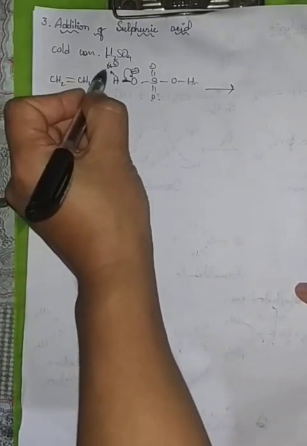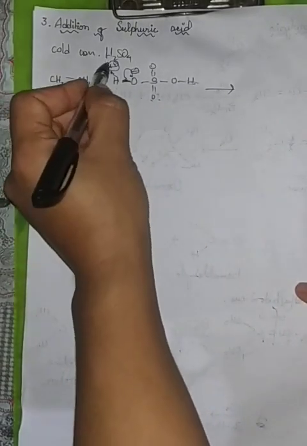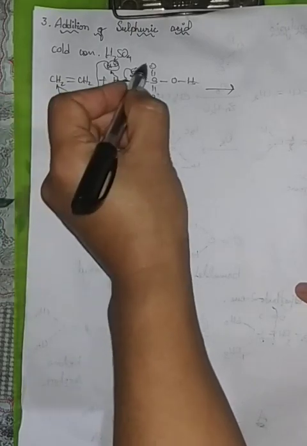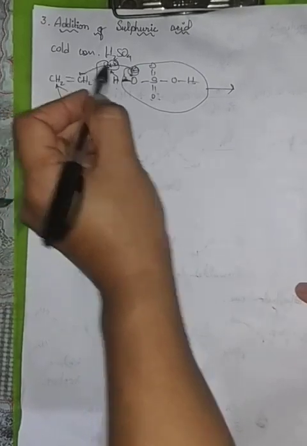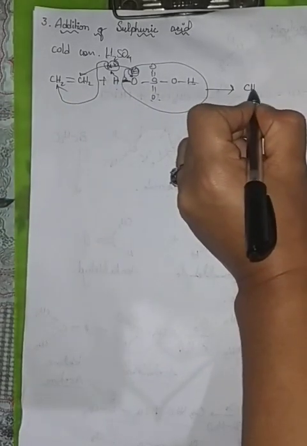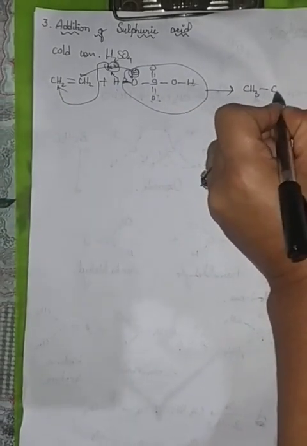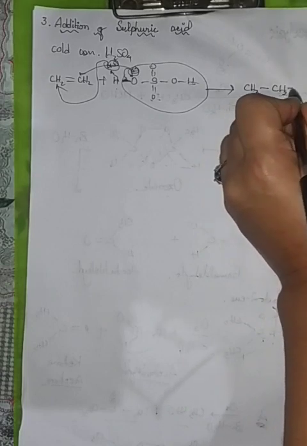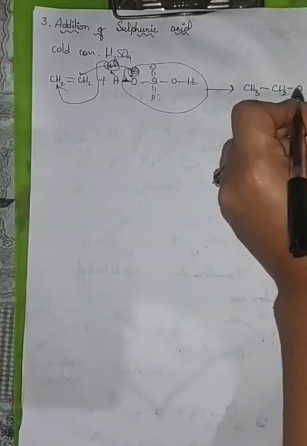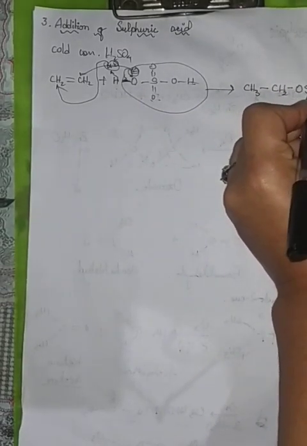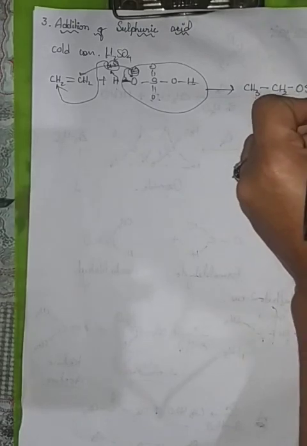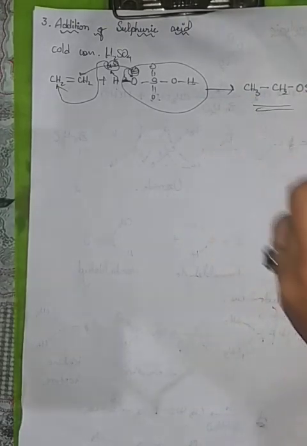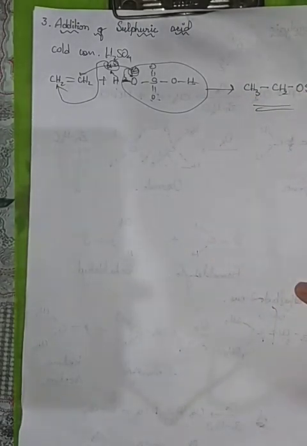Now this hydrogen attacks one carbon atom, and then the whole group would attack the second carbon atom. Therefore this would become CH3, one bond breaks up, CH2, and then O, bonded with SO2, and then our OH would come in, and therefore this is known as alkyl hydrogen sulfate.